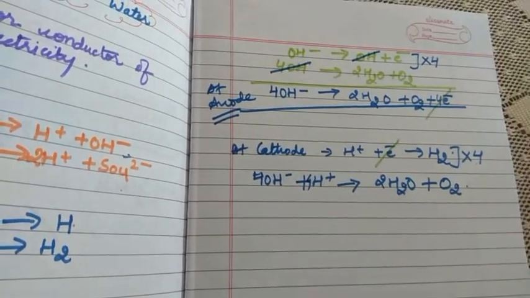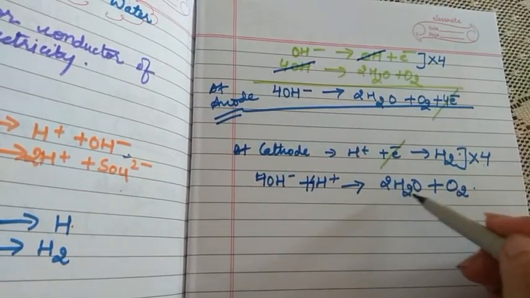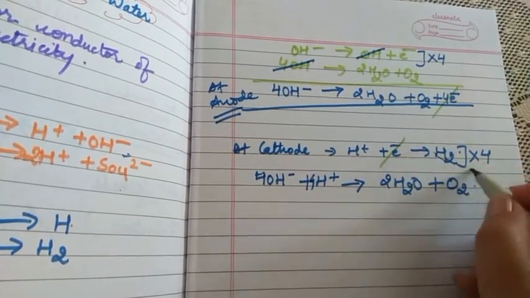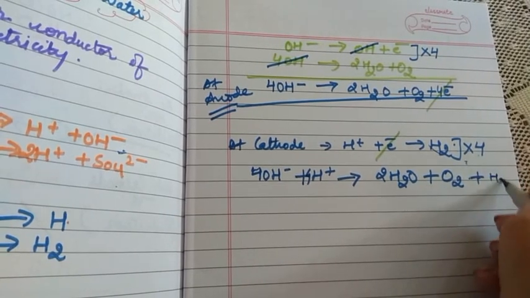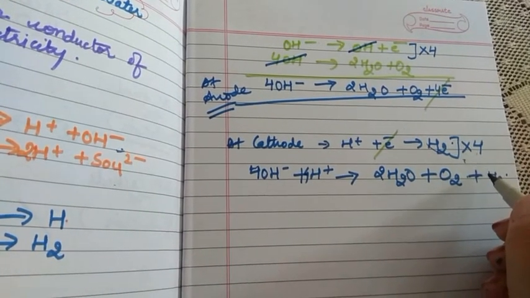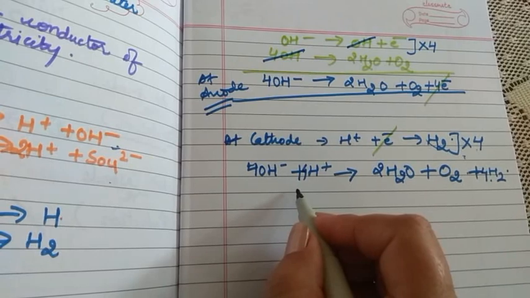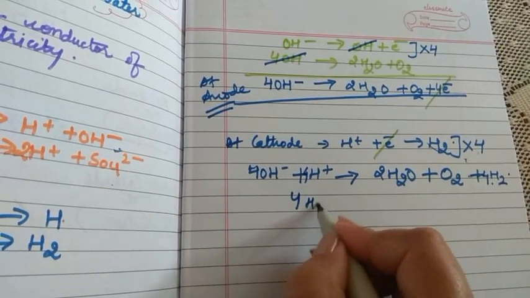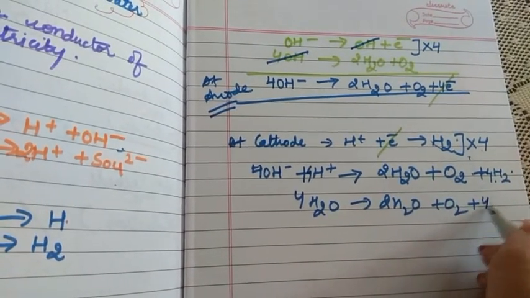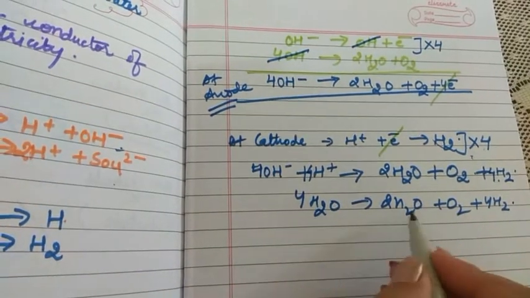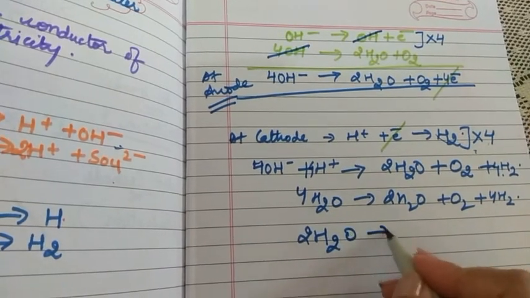So here we will get H2 also, 4 of them. Now we combine the 4H2O, 2H2O plus O2 plus 4H2, and taking this 2H2O we will get 4 minus 2 is 2H2O will give O2 plus 4H2.